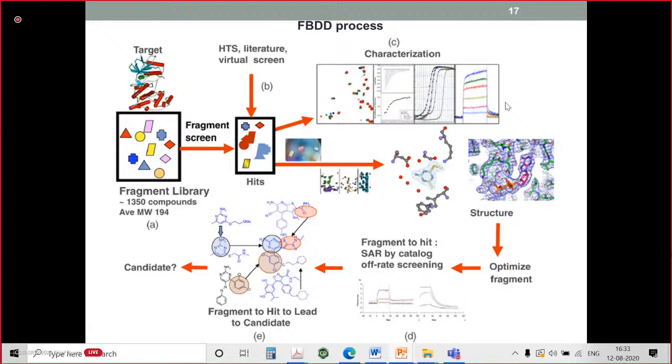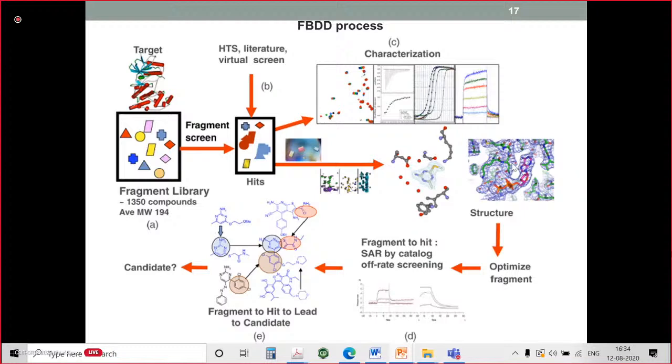In another way, it could be through high throughput screening, where millions of compounds are used. These millions of compounds or fragments are converted into hit molecules. Again, they are characterized for their affinity or dissociation constant.